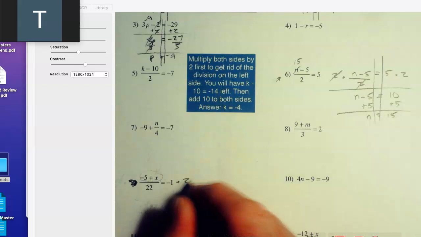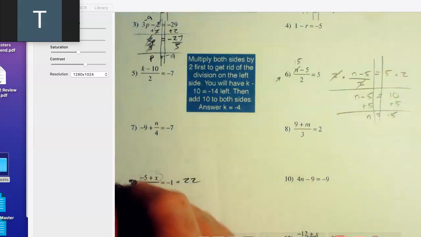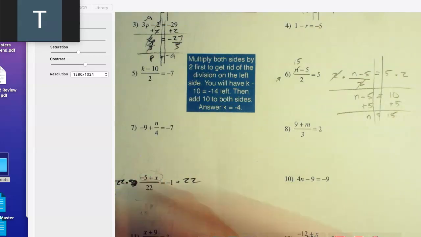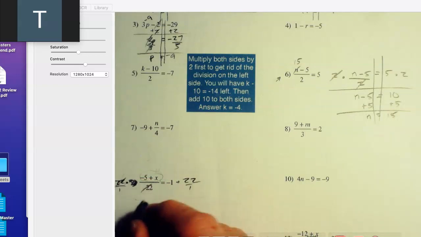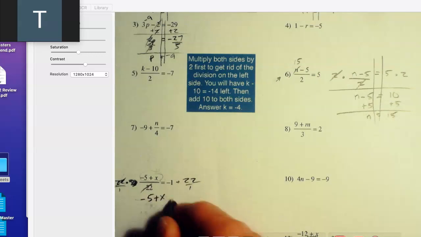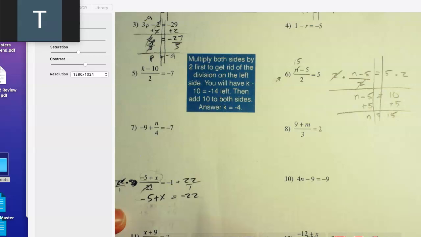So instead of dividing by 22, we get rid of the division by 22 by multiplying both sides by 22. Now, of course, this is really 22 over 1, if you want to think about it that way. So these 22s cross off, and you've got negative 5 plus x equals 1 times 22 is 22, and that's going to be a negative 22 because there's one negative sign there.